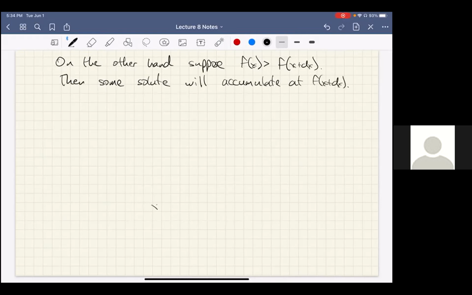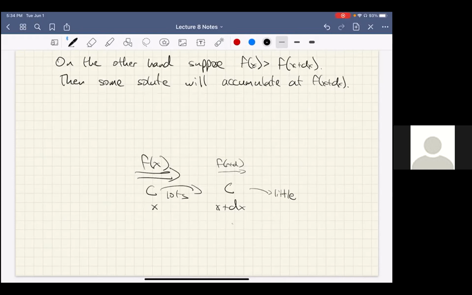In other words, if I have x here, x plus dx, and I have a big flow here, and a small flow here, then lots of solute will be going from here to here, and little will be leaving.